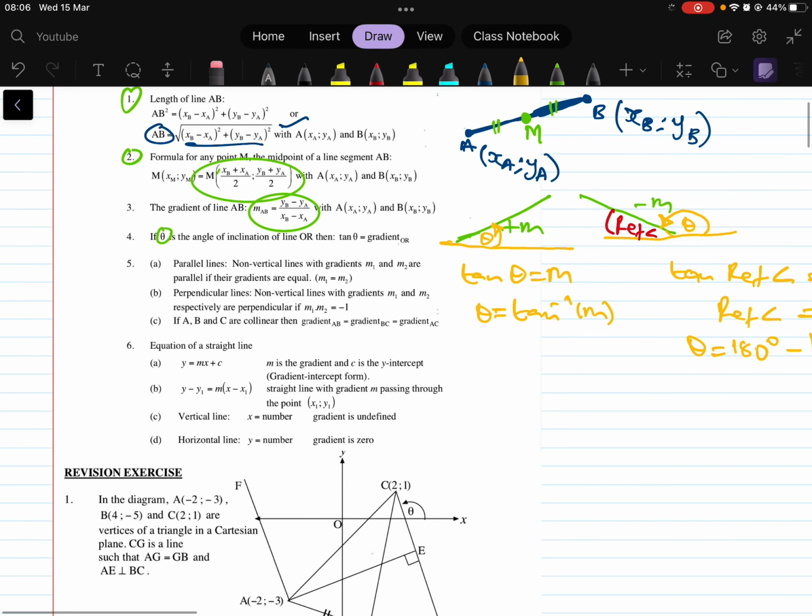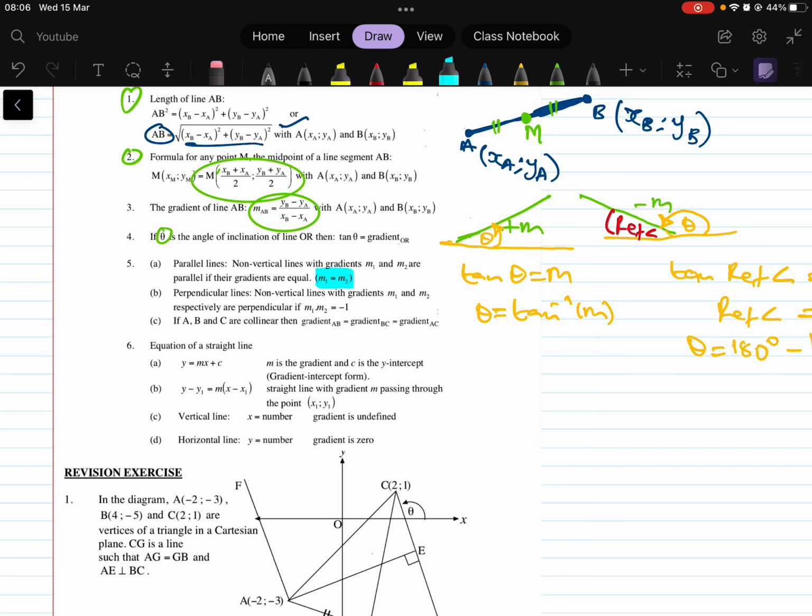Okay, and sometimes you need to deal with 2 or more lines. When dealing with 2 or more lines, remember that for non-vertical lines which are parallel, their gradients are equal.